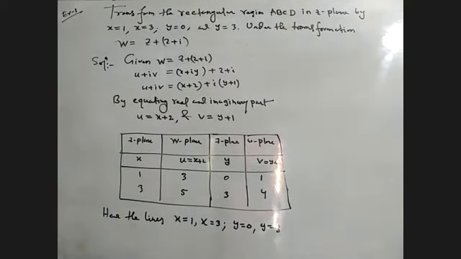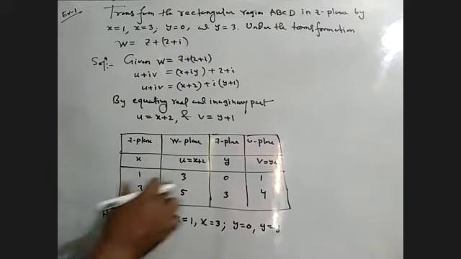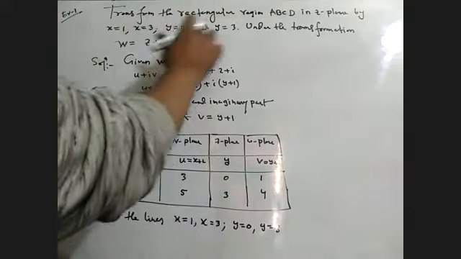So here we get the lines in the Z plane: x equals 1, x equals 3, y equals 0, and y equals 3. This is given here.